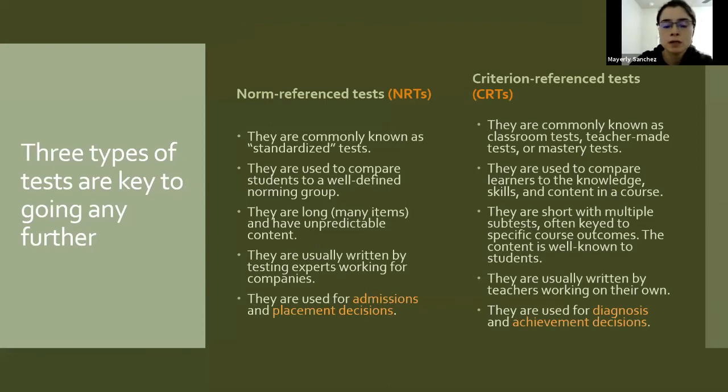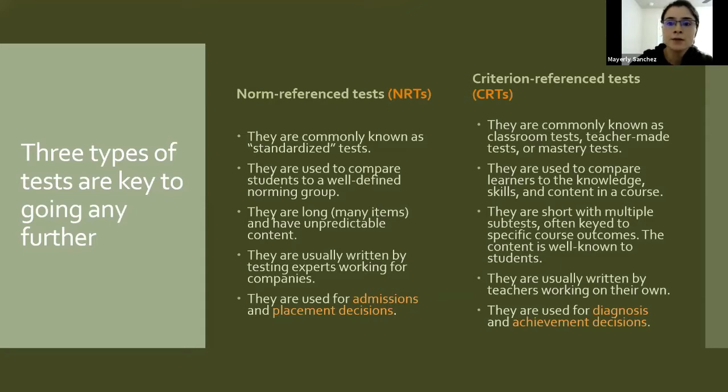And usually there's a question and a multiple choice where you can choose the answer. They're usually written by testing experts. There are big companies behind these massive tests, and they're used for admissions and placement decisions. So if you are in masters and PhDs, universities usually need to test your English, for example, and they use these NRTs to do so.